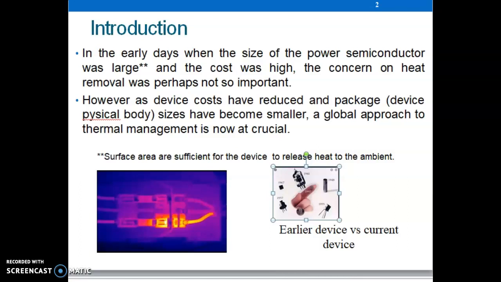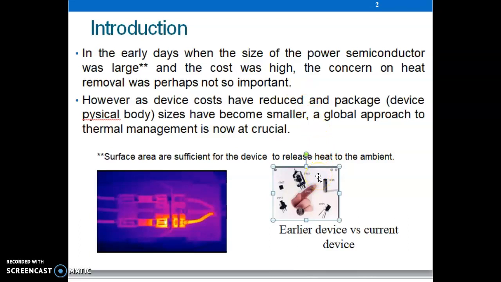That is, the device itself was able to dissipate the heat being conducted or processed inside the system. So we can see here the early days, the size of the power semiconductor was quite large, and the cost at that time was quite high. The concern about heat removal for the device itself was not so important, because the device could dissipate the heat to the environment or to the ambient.